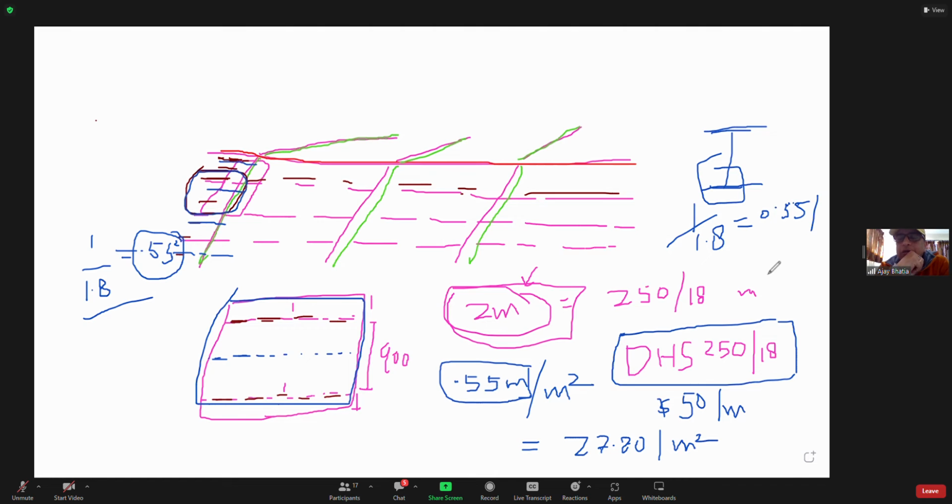You are just looking at the possibility, because the spacing is far bigger than 1 meter, isn't it? Your spacing is 1.8, so there could be a roof area where there is no purlin. So the possibility of running a purlin on 1 square meter is 0.55, and that is the length of the purlin happening for your 1 square meter of roof.